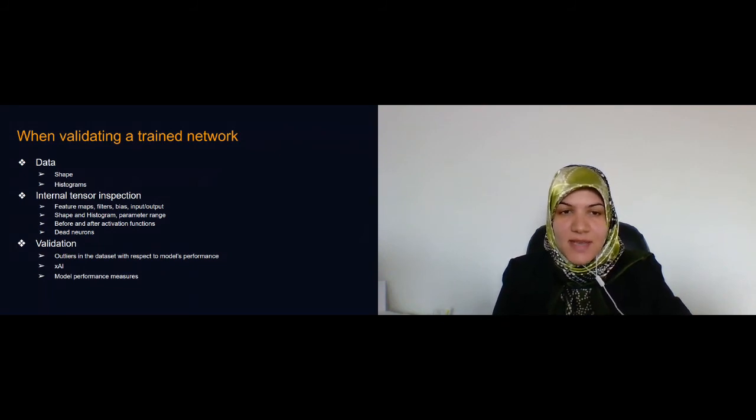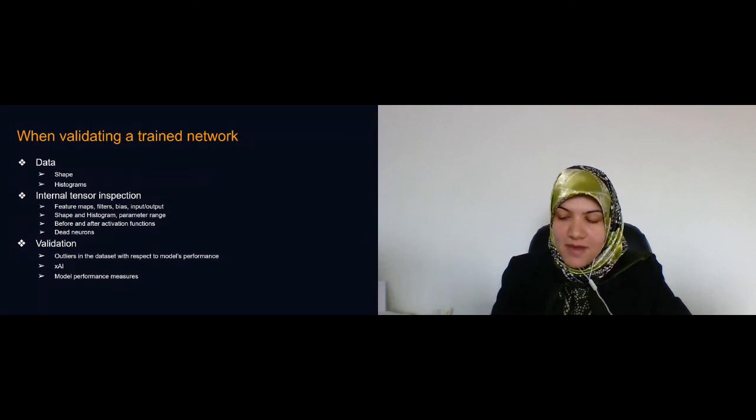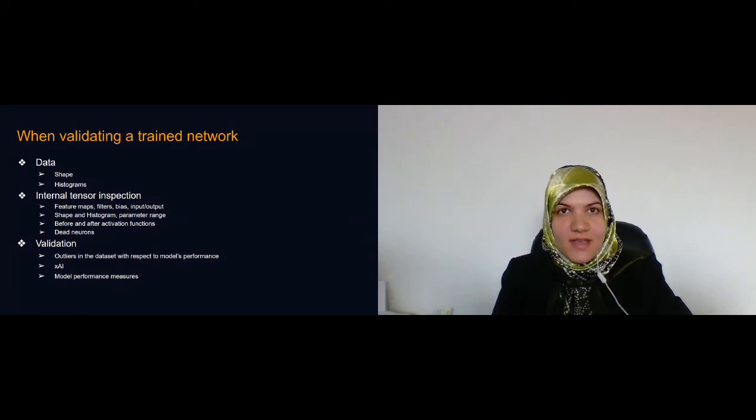So we can inspect the feature maps, filters, biases, inputs and outputs. Again, the shape and histogram of each layer. And we can investigate activation functions and dead neurons. And also we can validate our network and try different data and see how the network performs with different examples, and see if we can improve the performance by some pre-processing or post-processing or changing the network, and so on.